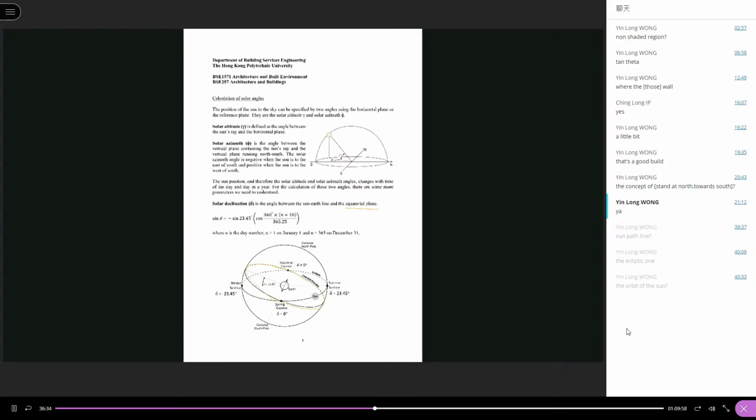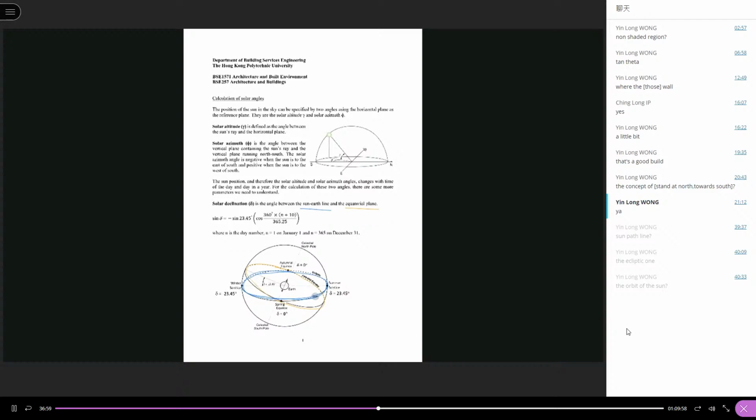And the plane containing the Sun-Earth line, or the plane of the Earth orbit around the Sun, will be this one. This is the plane containing the orbit of the Earth around the Sun.